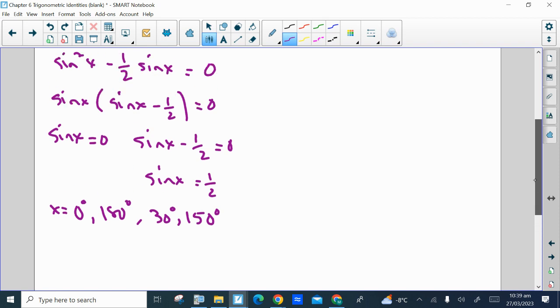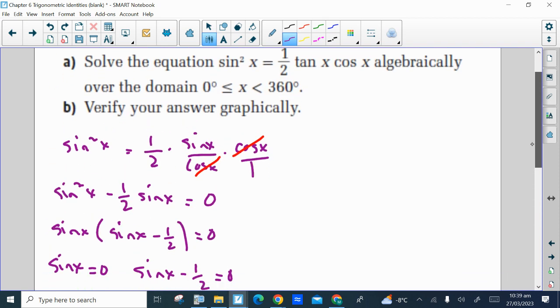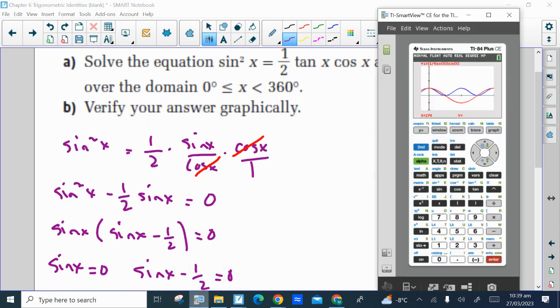Our original equation we'll put in. In this case, we'll have to have two equations. The left side will be where we put y1, which is the sine of x all squared. The right side will be 1/2 or 0.5 tan x times cosine x.